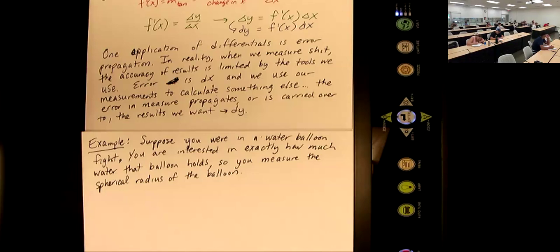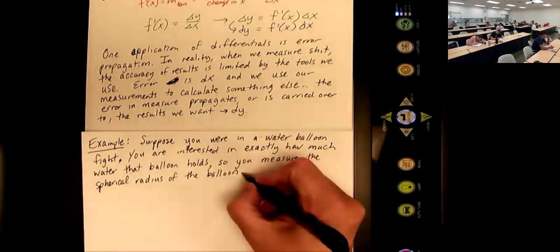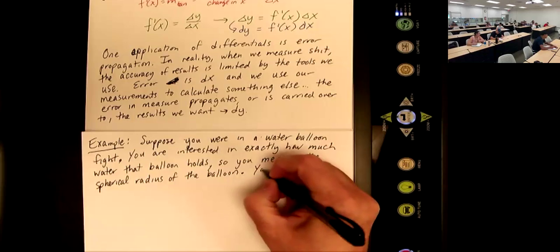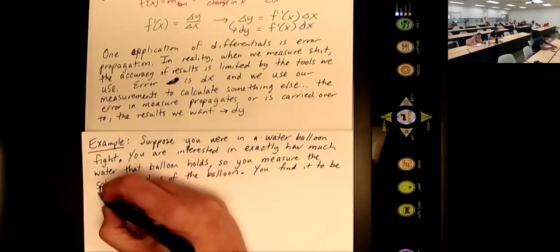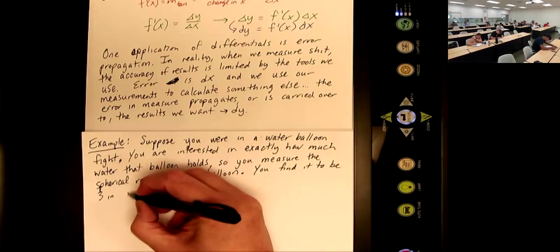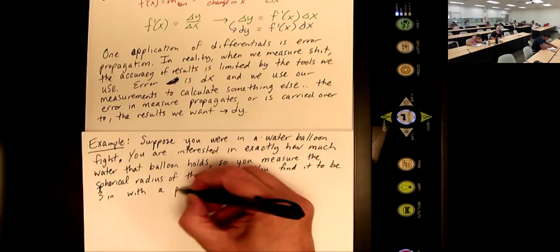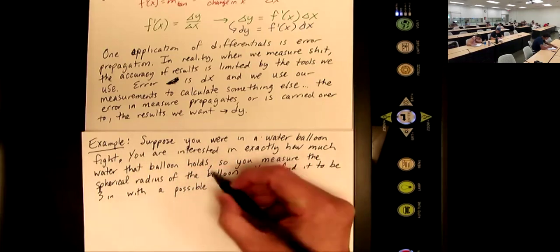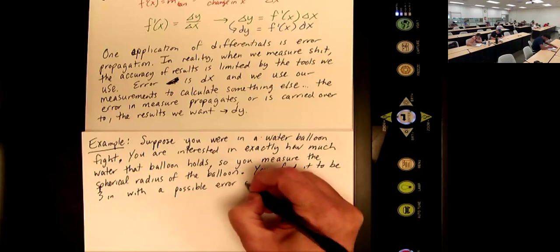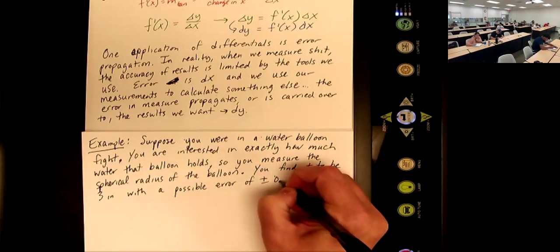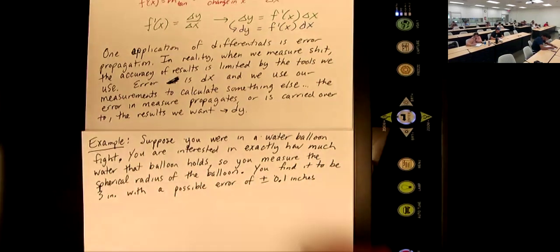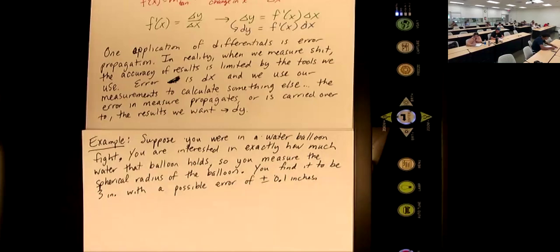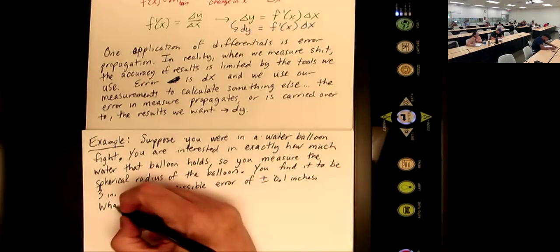But you are measuring the radius of the balloon and you find it to be 3 inches, with a possible error of plus or minus 0.1 inches. What is the corresponding error in the volume of the balloon?